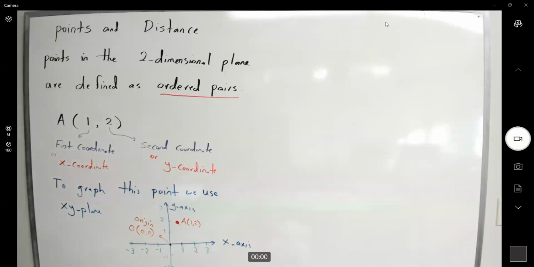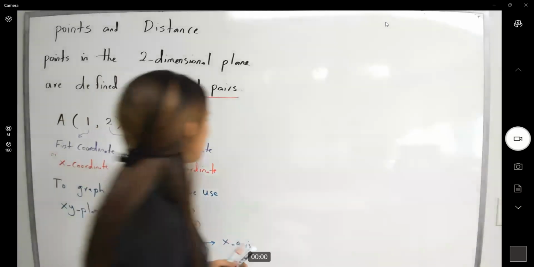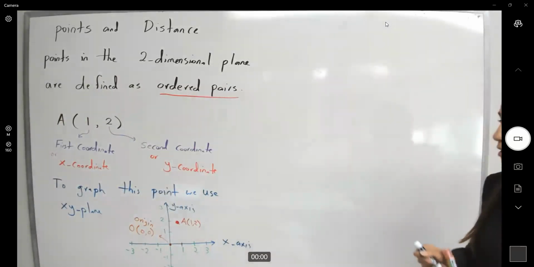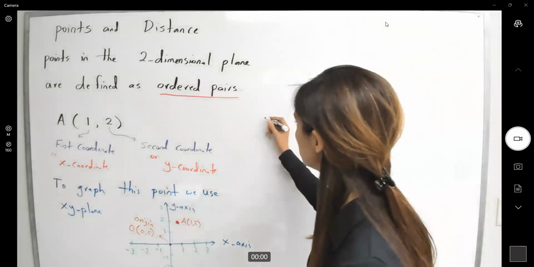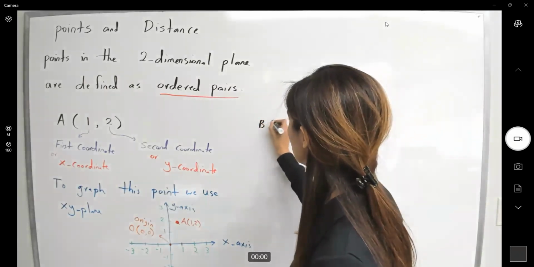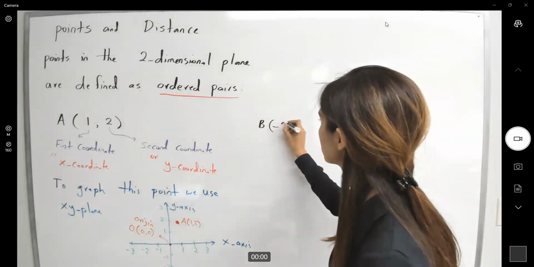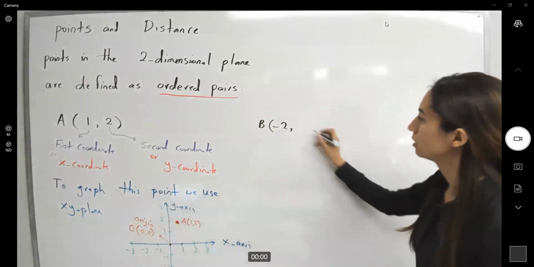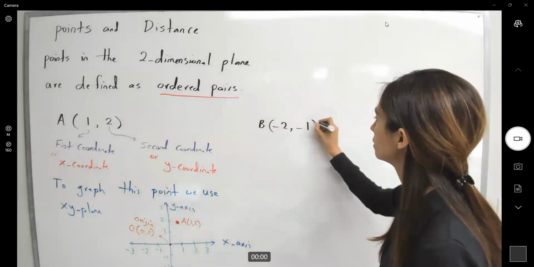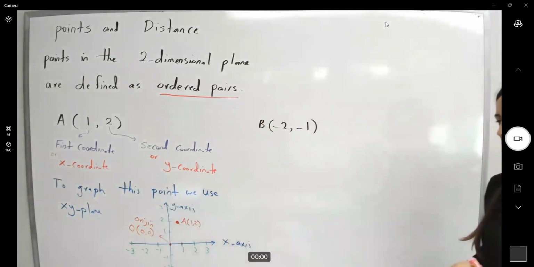Very good. So now suppose I give you another point, the second point B, with first coordinate -2 and second coordinate -1. And I ask you to graph this.